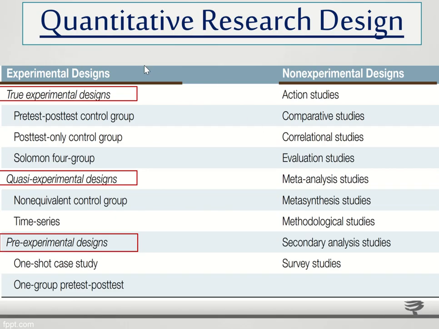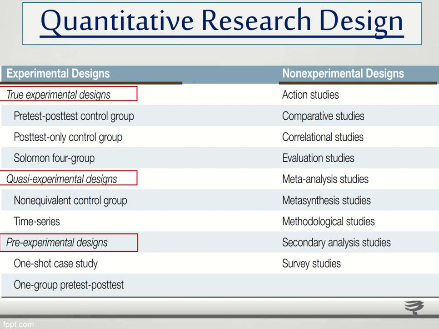Although the terms exploratory, descriptive, and explanatory research can be used to determine the type of study being conducted, these terms do not clearly indicate the study plan or specific design.